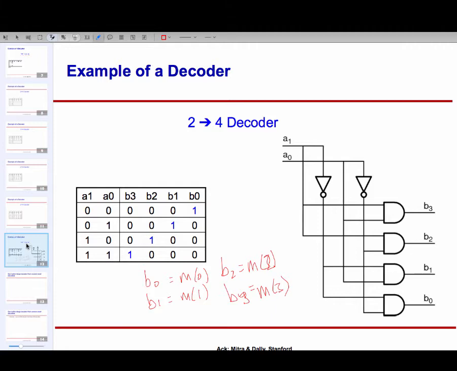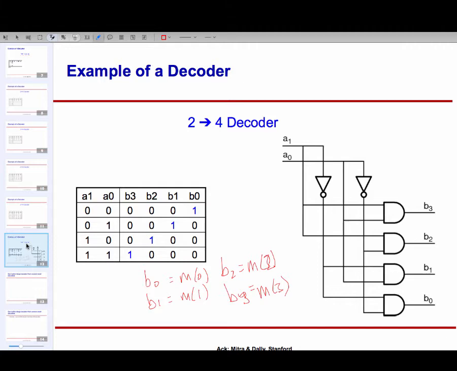Let's say I give you a 2 to 4 decoder and a 3 to 8 decoder, and now your task is to make a 4 to 16 decoder. Well, there is no 4 to 16 in the library. One thing you can do is say, tough luck, I don't have 4 to 16, let me start from scratch. But that's not very desirable. So we would like to be able to build bigger decoders from the decoders which I already have.